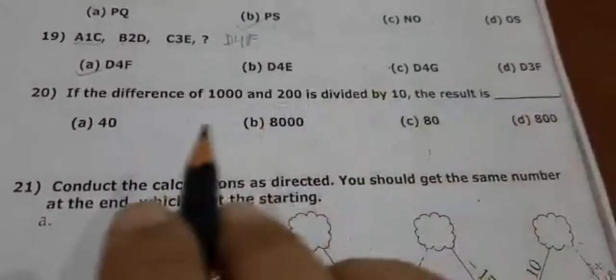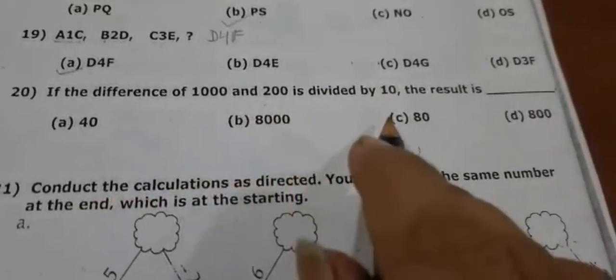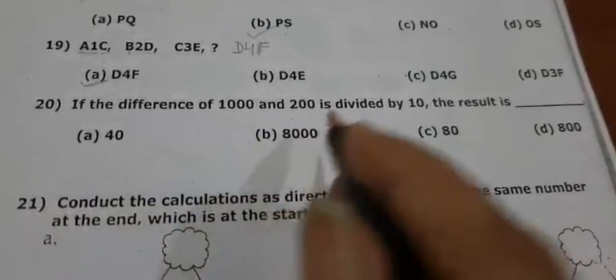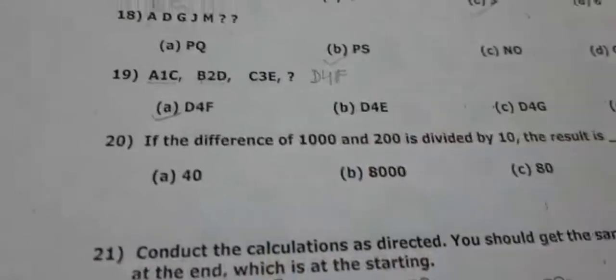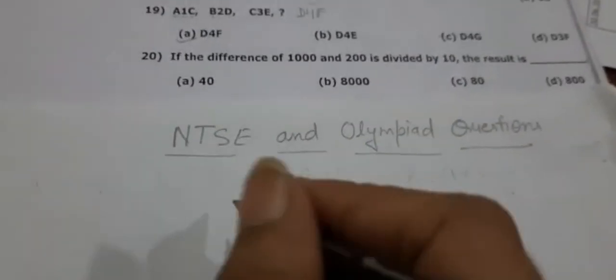Now question number 20. If the difference of 1000 and 200 is divided by 10, the result is. What is the meaning of difference of 1000 and 200? Difference means minus. So first of all, we will find the difference of 1000 and 200.